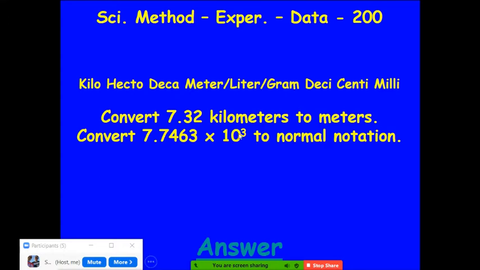Second one, this is very, very similar. Yesterday's warm-up question. What does a positive exponent mean? And what does a positive 3 exponent mean?